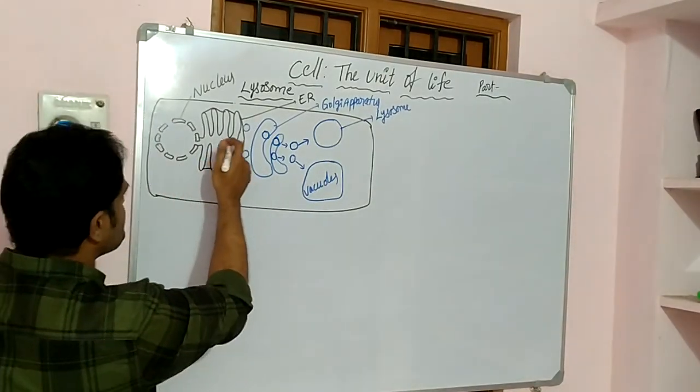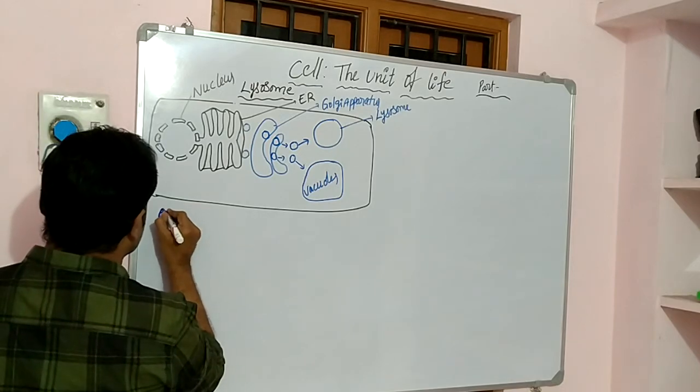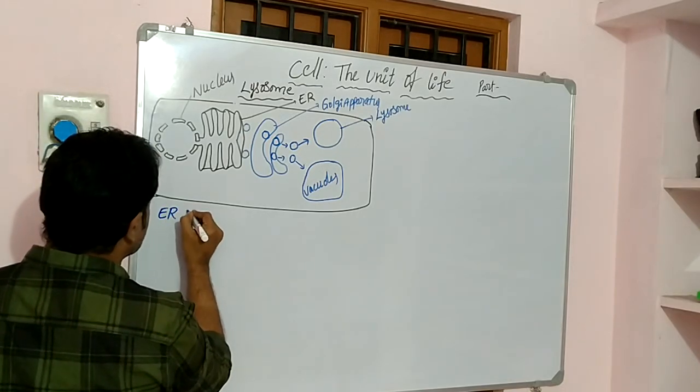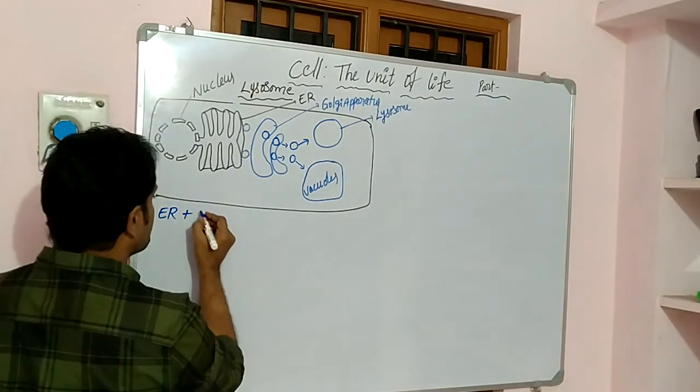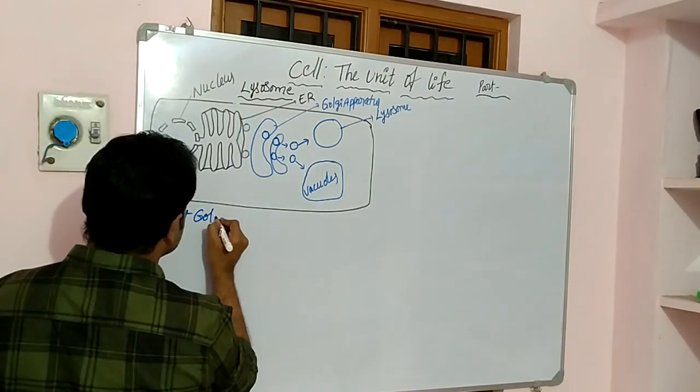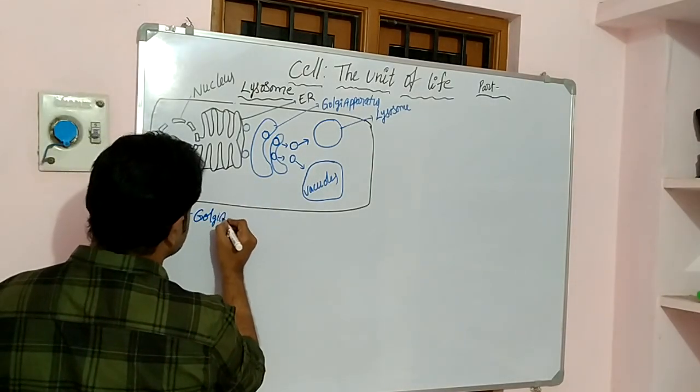See, the first one is ER. ER means what? Endoplasmic reticulum. Plus the second one, Golgi apparatus.